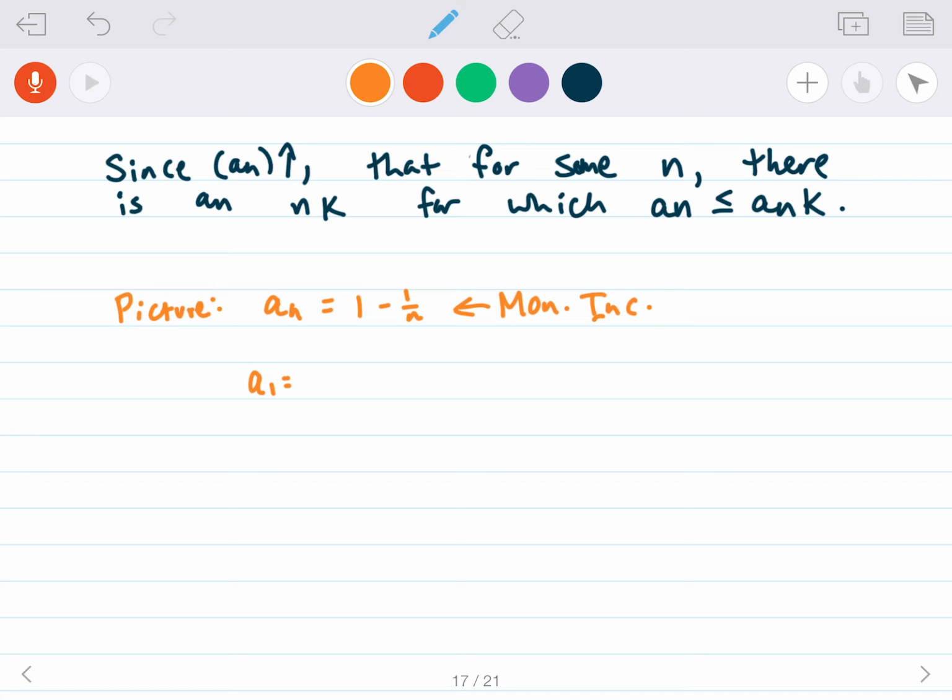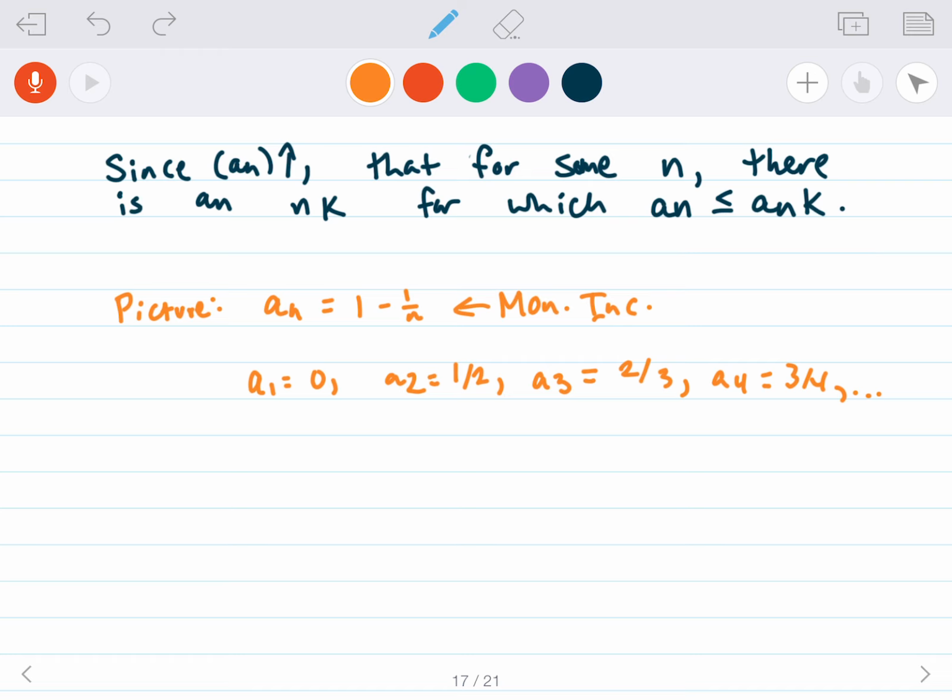And we have a sub 1 equals 0, a sub 2 equals a half, a sub 3 equals 2/3, etc., etc. And so for any term in our original sequence, because this guy is increasing and because we have an infinite sequence a sub n, the subsequence a sub nk is also infinite, we can always find something in our subsequence that is larger than something in our original sequence.